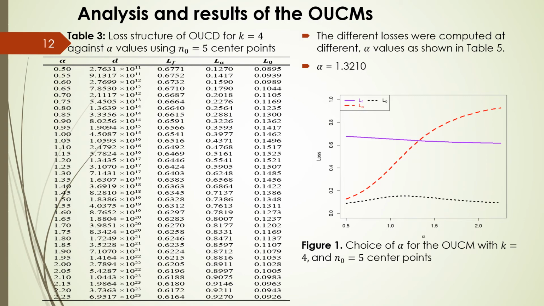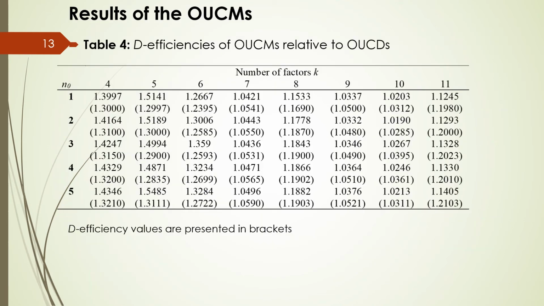We should note that different new alpha values were obtained for factor 4 to factor 11, and these different new alpha values were used to construct the different OUCMs. Table 4 now represents the different alpha values.